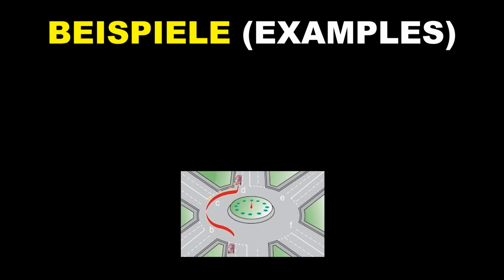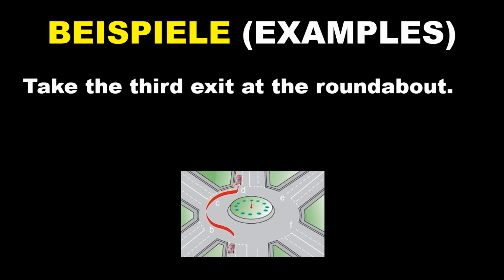Now, the next one is take the third exit at the roundabout. It's a little bit tricky, but you can understand it quite easily. It is usually when you are in a vehicle.